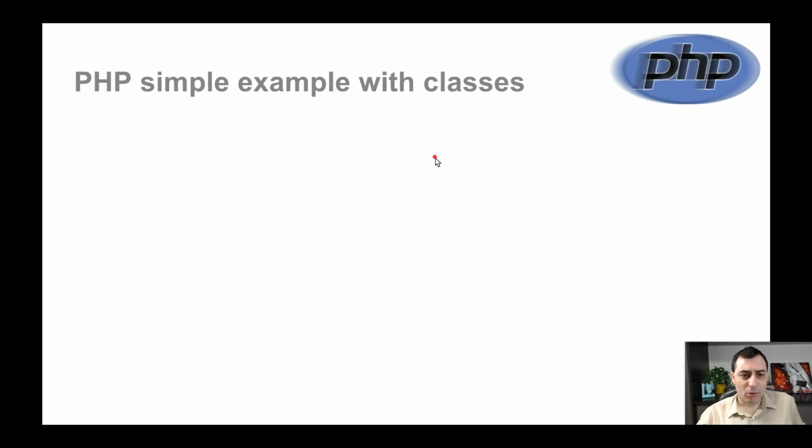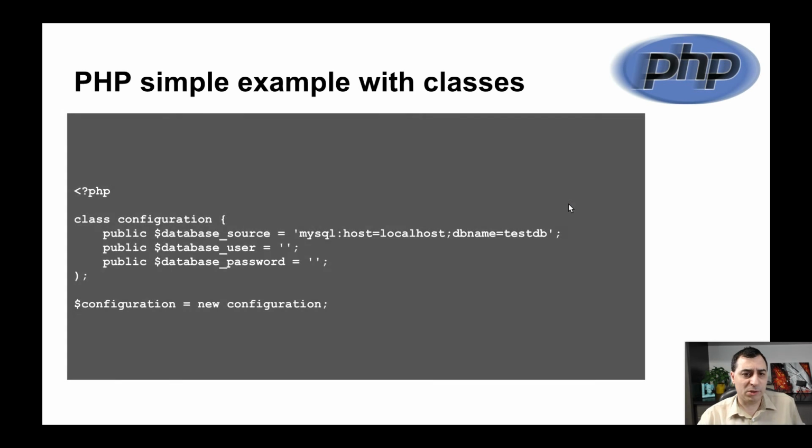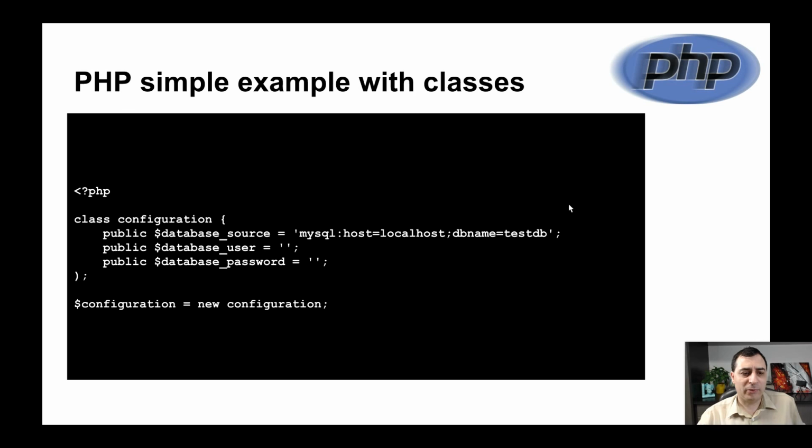Now let's take a look at one less common solution that we may not be aware of, but it can also be used with a certain advantage, which is using classes to define your configuration. So rather than having an array, you would have a class. You can call it anything.